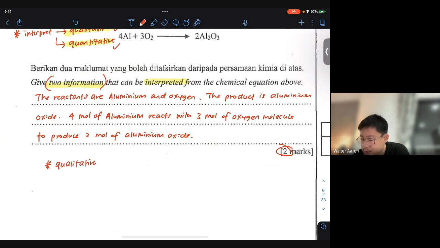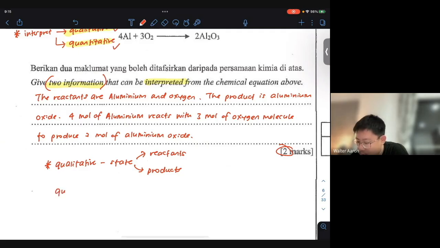Qualitative means state the reactants, right? State the reactants and also products, right?